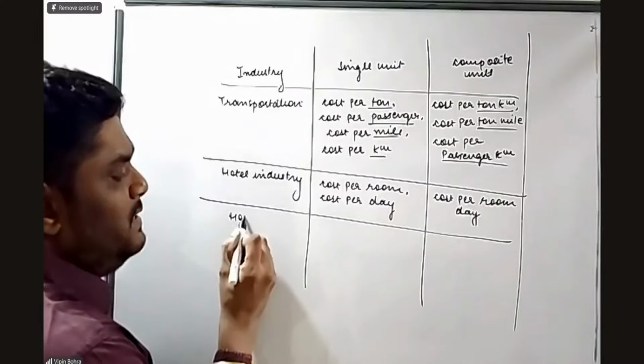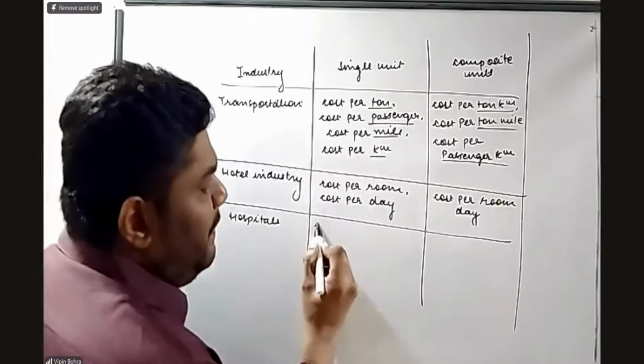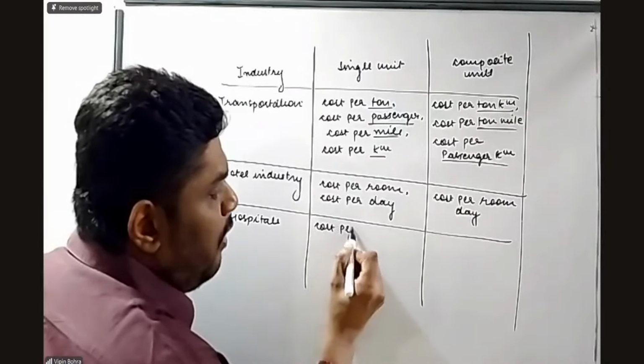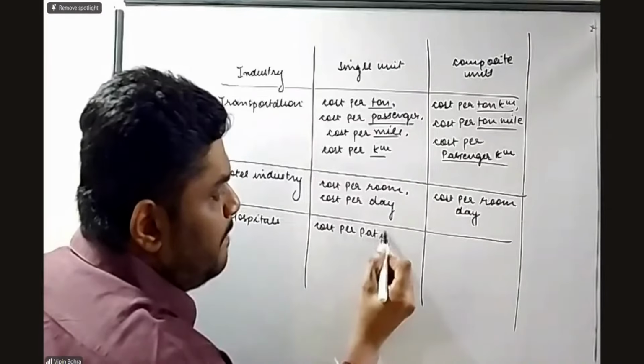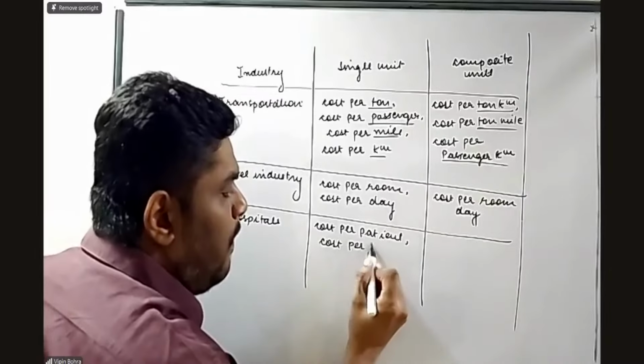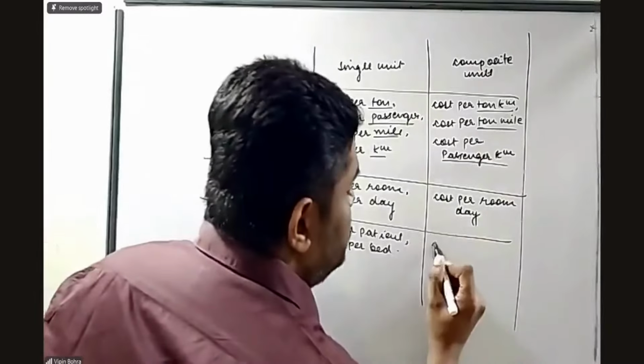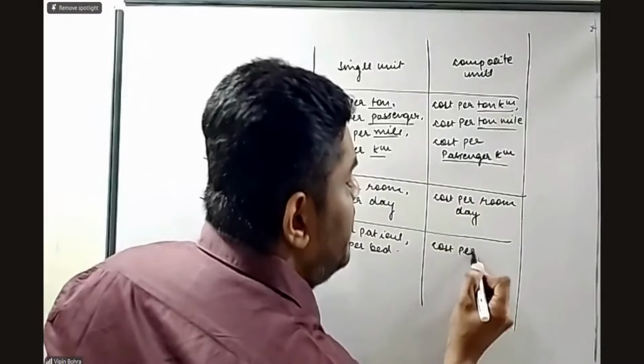In hospitals, it can be cost per patient or cost per bed. And alternatively, in composite unit, it will be cost per patient bed.